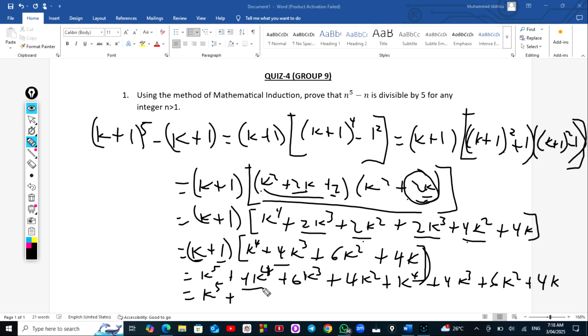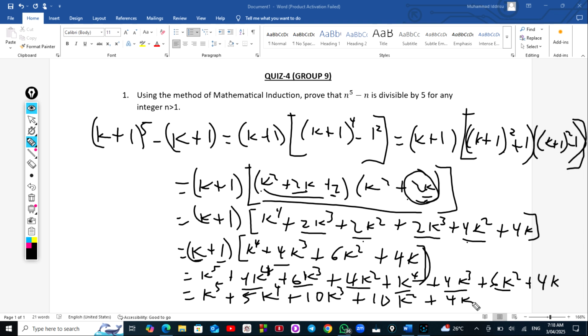We have k to the power 4 here, so this gives us 5k to the power 4. 6k to the power 3, we have 4k to the power 3 here. This gives us 10k to the power 3 plus we have 4k to the power 2, 6k to the power 2. This gives us 10k to the power 2 plus we have 4k here, only 4k.